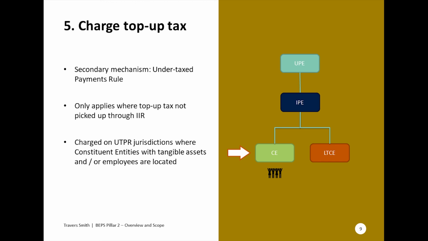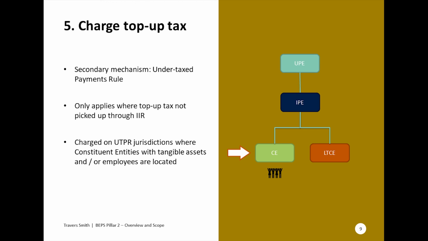Well, the tax that needs to be charged under the undertaxed payments rule is allocated to constituent entities within the group that have tangible assets or employees located in their jurisdiction. So there doesn't actually need to be a link between the low tax constituent entity and the entity that you are looking to charge with tax under the undertaxed payments rule.